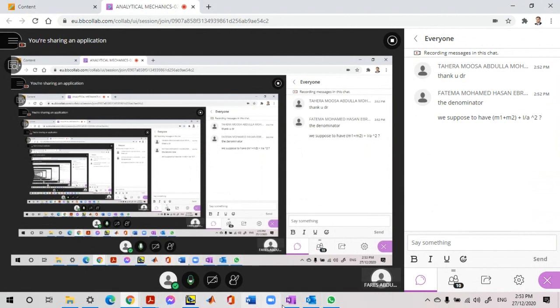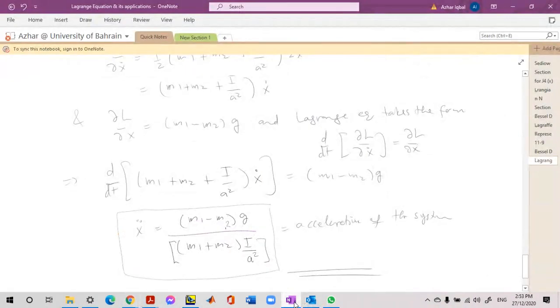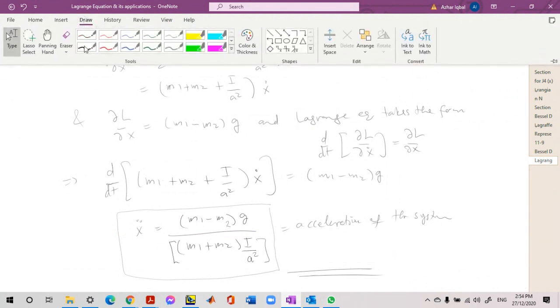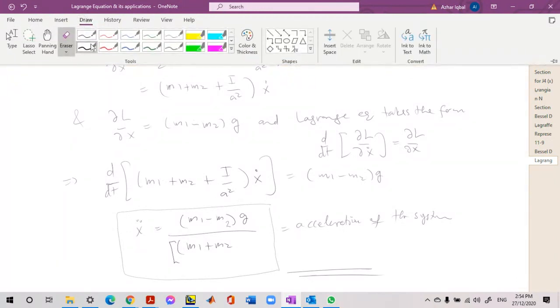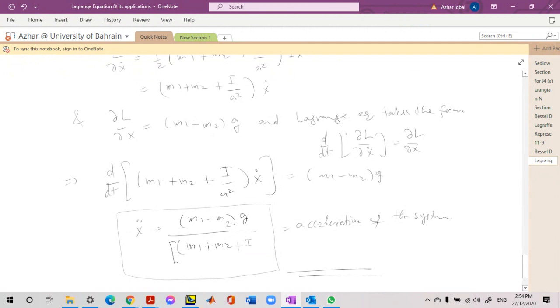So it will be m1 plus m2 plus I over a square.